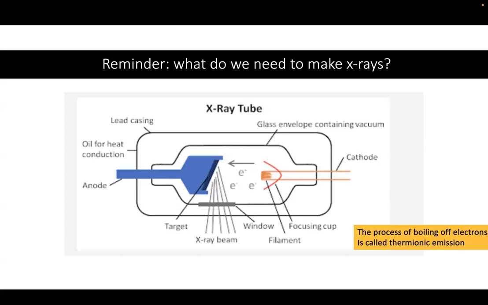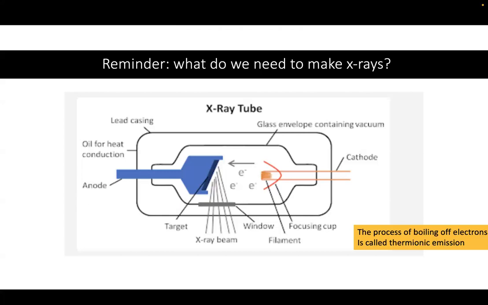But unfortunately, electrons move in all different directions. So we need a means to keep the electrons focused. And what we use is called a focusing cup. It just makes sure that the electrons are flowing in a stream towards the target.